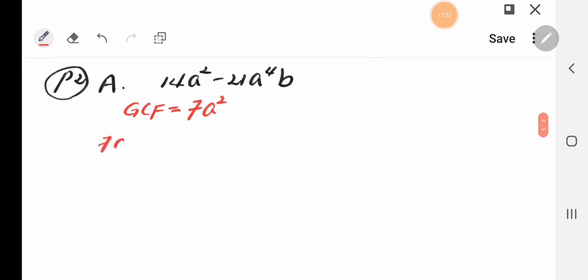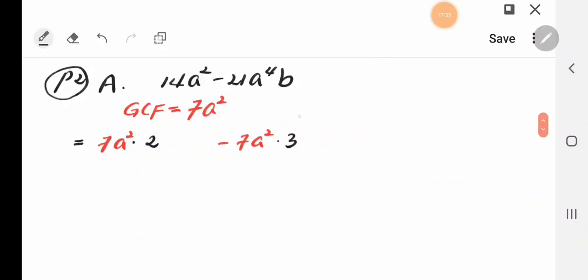So you can write it as 7a squared minus 7a squared. What I'm going to do is rewrite each term so that you can separate each term with the greatest common factor. 7a squared times 2 will be the first factor, and then for the second term, 7 times 3 is 21, and a to the 4th power.